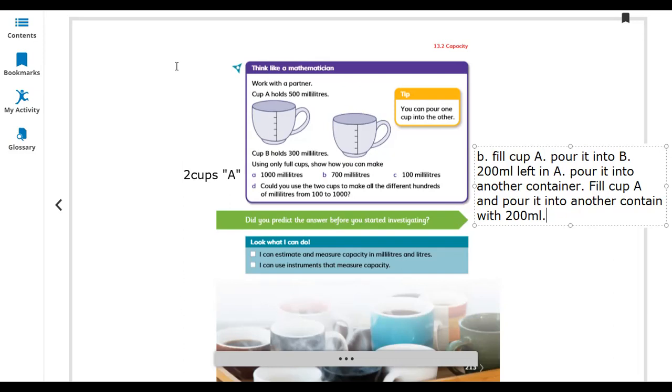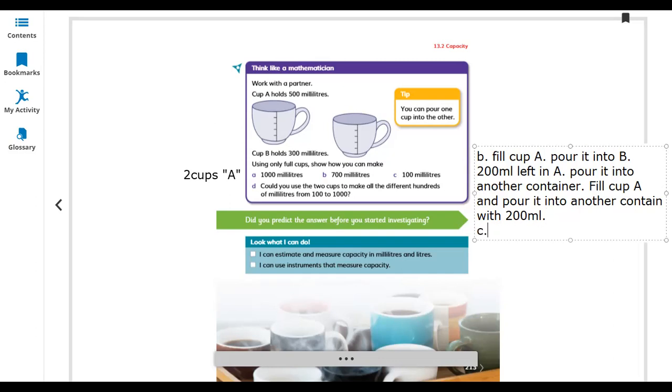Put it into another container, so now this is empty. Now again we fill it with 500 and put it into the other container. So this is 200 already, that's 500, 700.